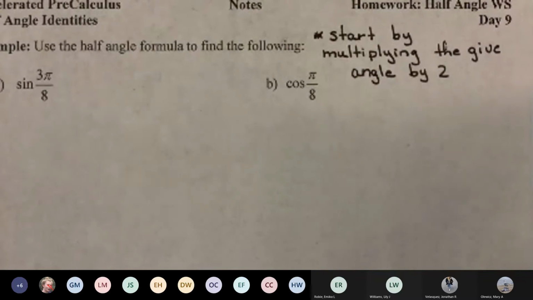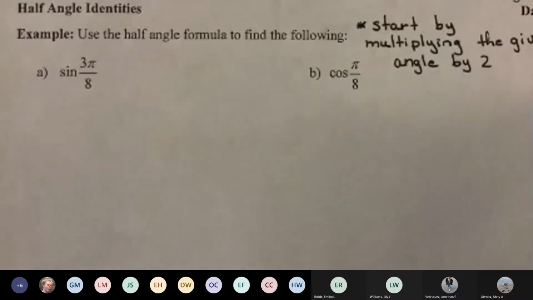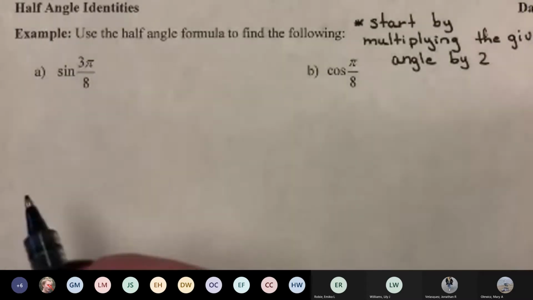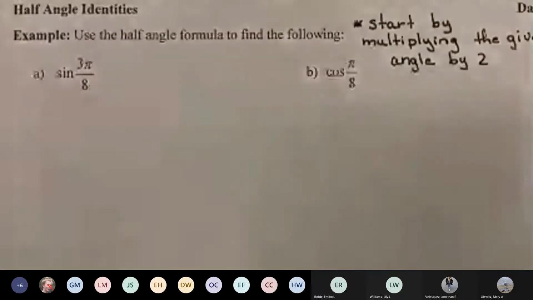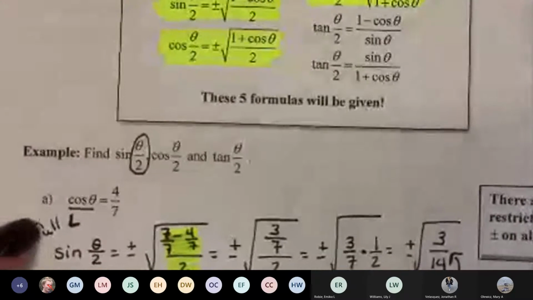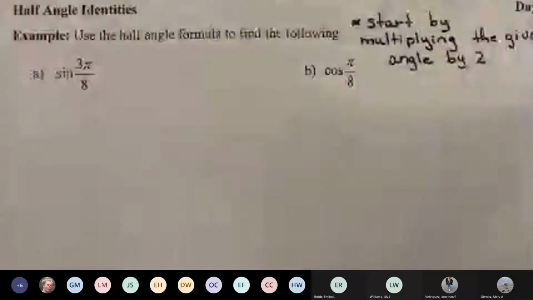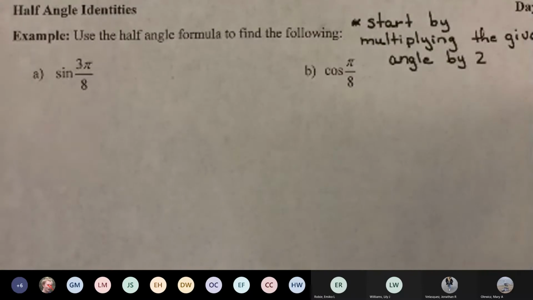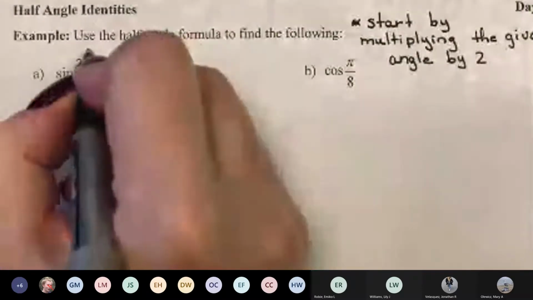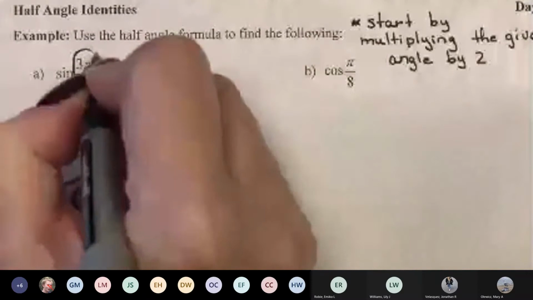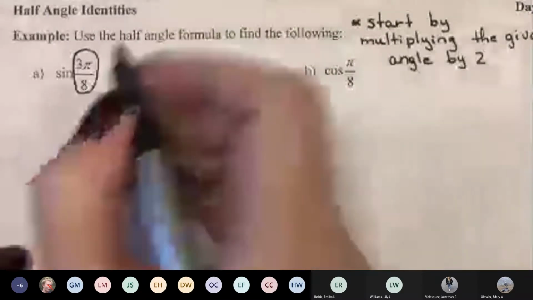I just want you to write it down. So unlike the front side where they gave us the full angle, so if you look at the front side, notice that's a full angle. See, it says cosine of theta. It doesn't say cosine of theta divided by 2. On these problems, you are going to assume, and I know assumptions are a bad thing, assume that that is the half angle.